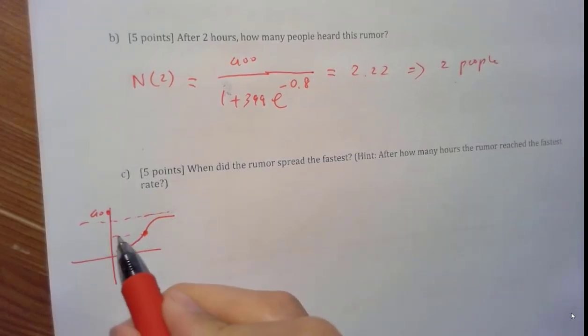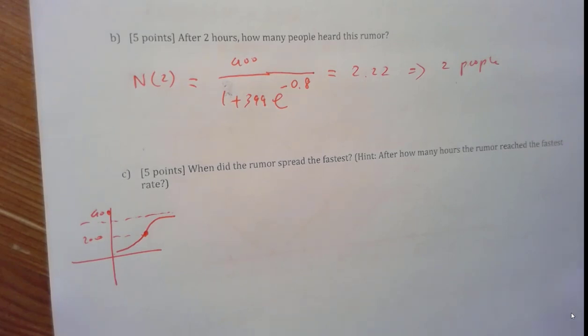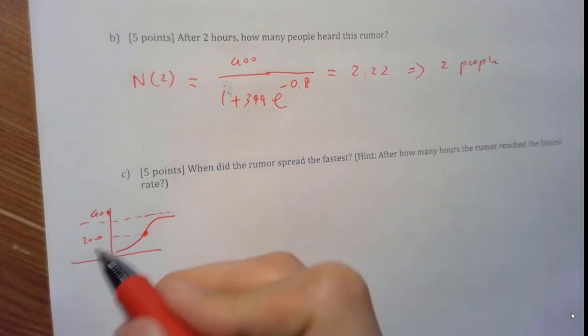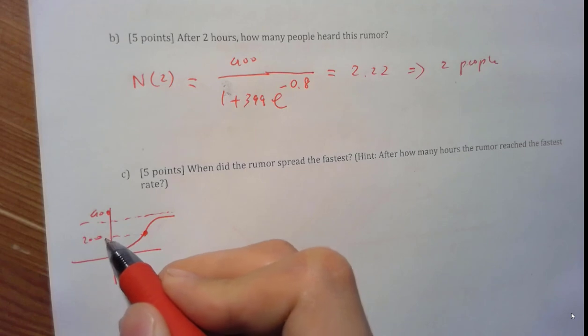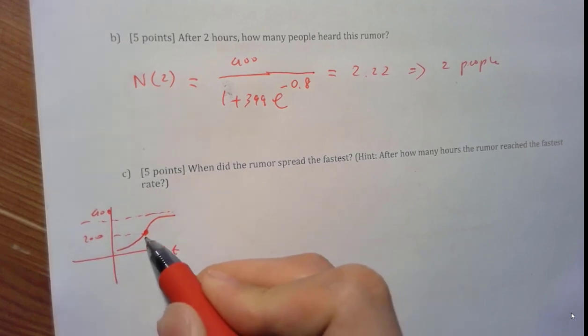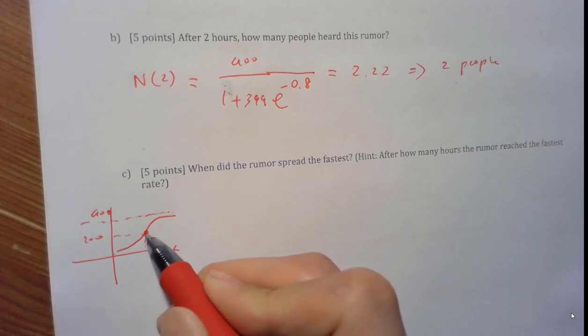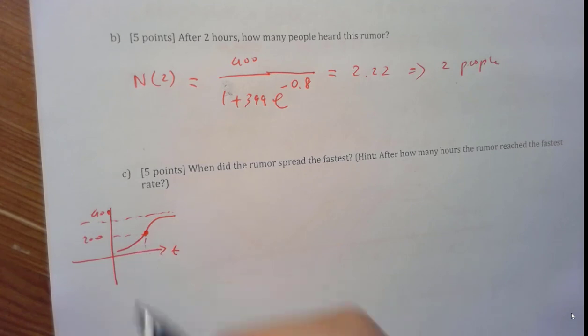So halfway to 400 should be 200. So this is the fastest rate. So at the level of 200 people that heard the rumor, this is the fastest rate. So we want to find the value of T. I don't know what value of T makes 200 people receive the news.